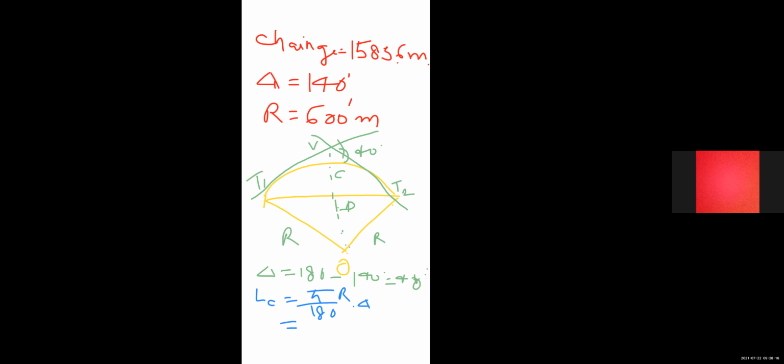Put the value of delta: pi by 180 into R is given 600 and delta is given 40 degree. By calculating this value, we can write here length of curve equal to how much? 418.82 meter.